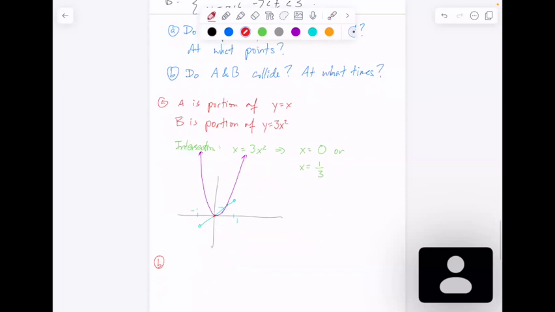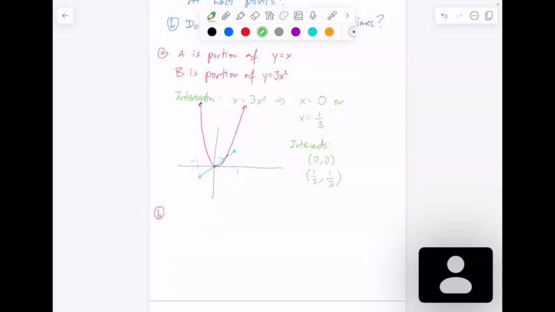They intersect at the point 0, 0, the origin, and also at 1/3, 1/3. Now at 0, 0, they collide because at t equals 0, both A and B are at 0, 0. So there's a collision.